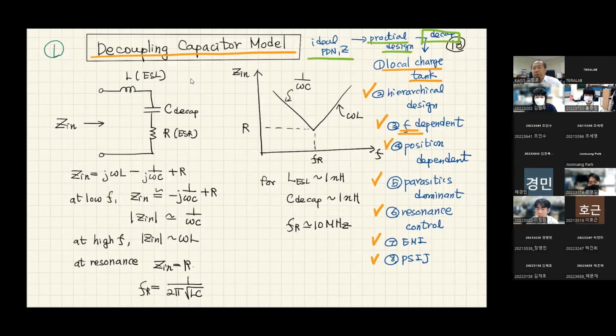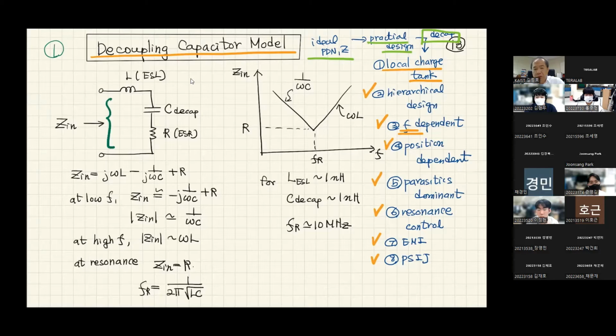That is the overall picture of our previous class, and let's move a little bit deeper into the subject. In order to talk about the resonances and the frequency dependency, I would like to start by talking about the electrical design of decoupling capacitors. This is a decoupling capacitor.